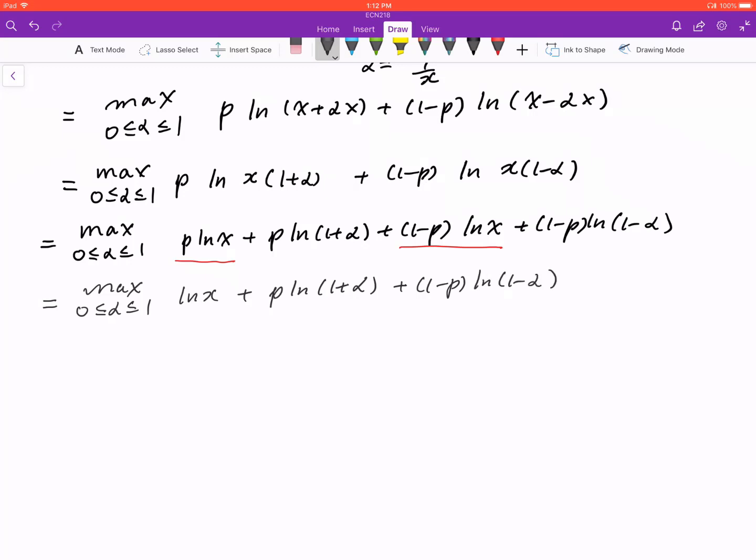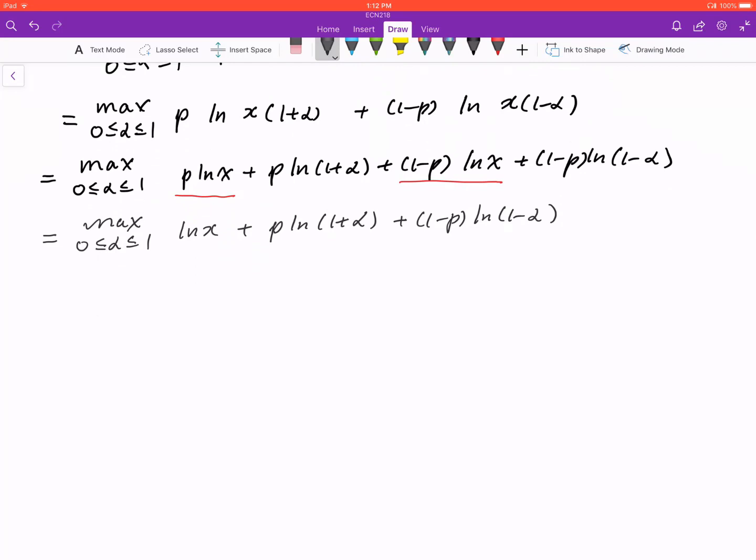Now if you look at this maximization problem, log x is independent of alpha. So we can get log x out because it's simply a constant. Then we have alpha between 0 and 1, p log(1 plus alpha) plus 1 minus p log(1 minus alpha).